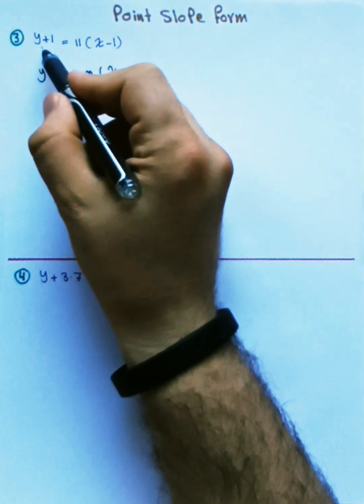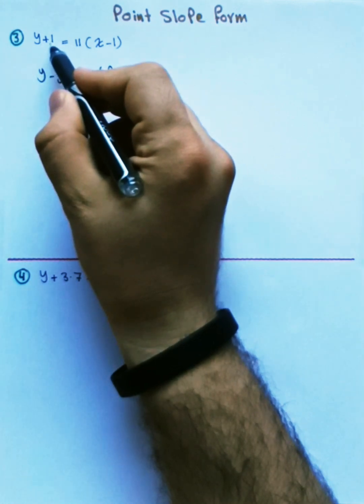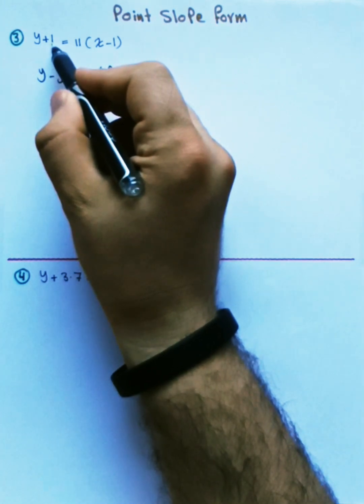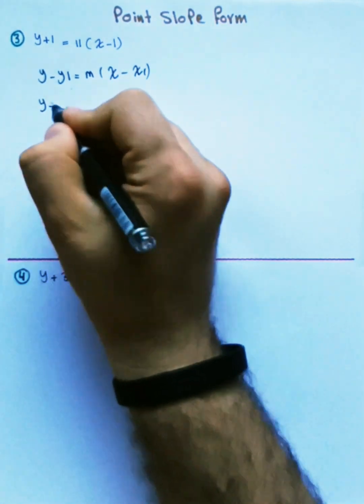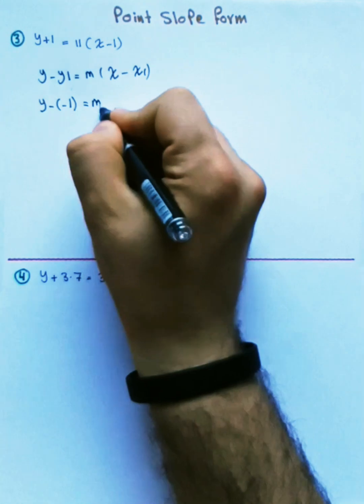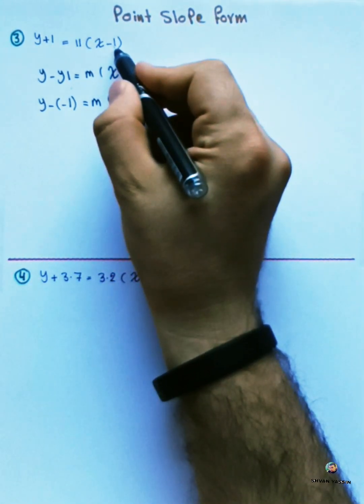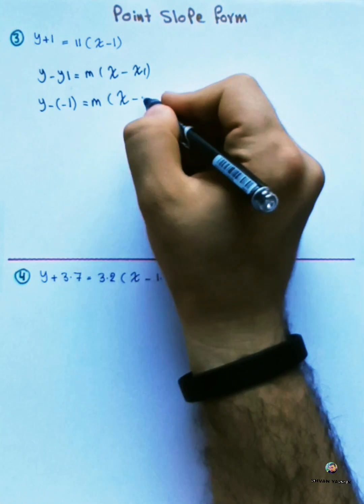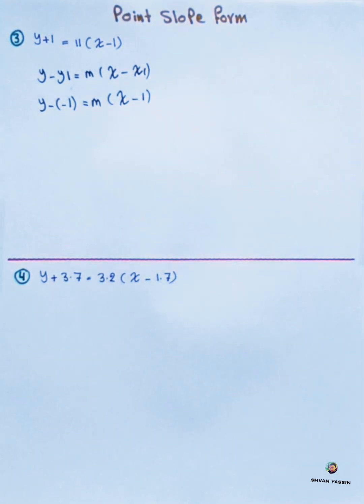In this equation, y plus 1, the value for y1 is negative, so you have to write y minus negative 1 equal to m, x minus, the value for x1 is positive 1, so we write minus 1.